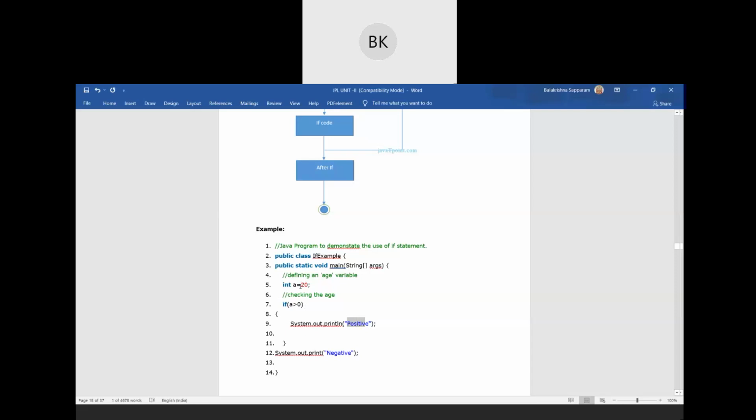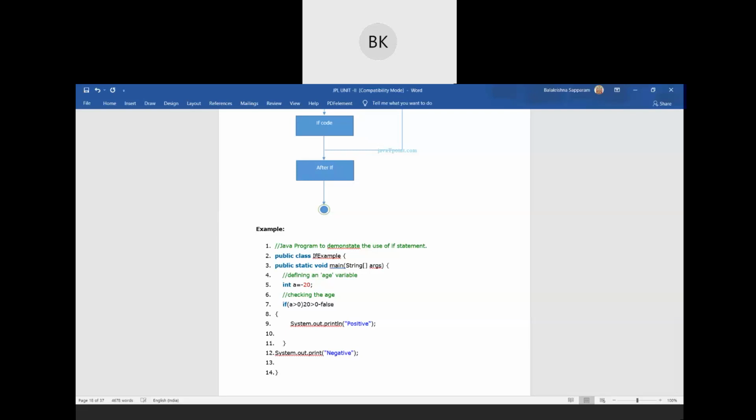I will give a negative number. The first test case is minus 20, a is equal to minus 20. Come here: minus 20 is greater than 0, false. That means the if block is not executed, because minus 20 is greater than 0 is false.